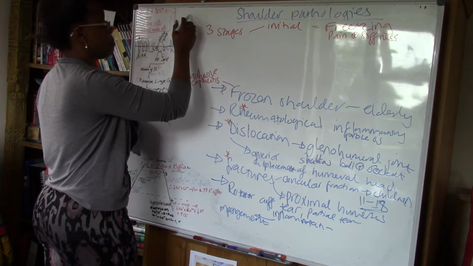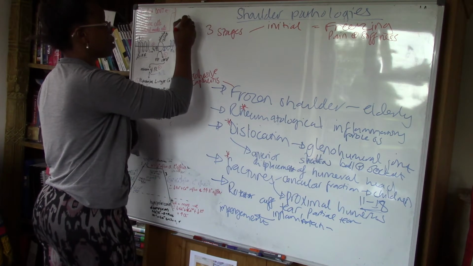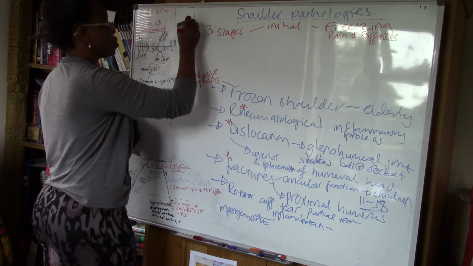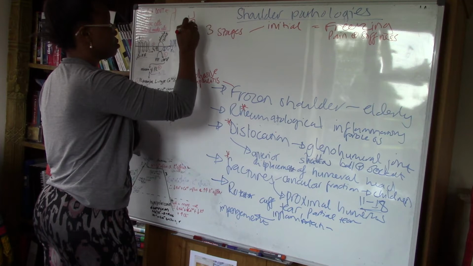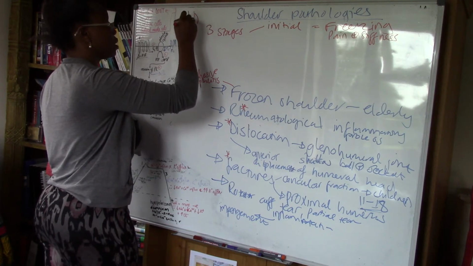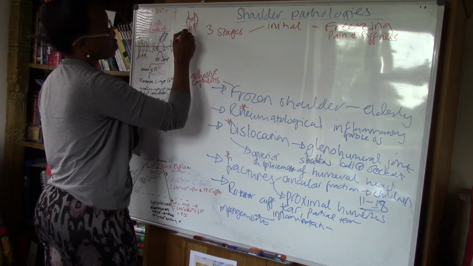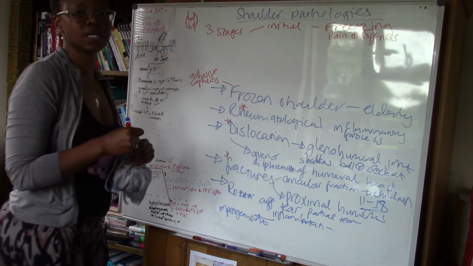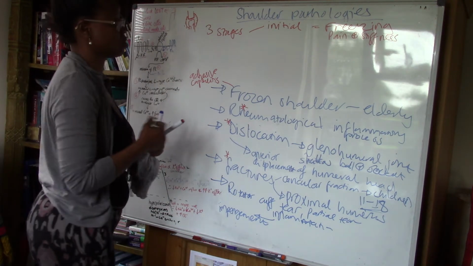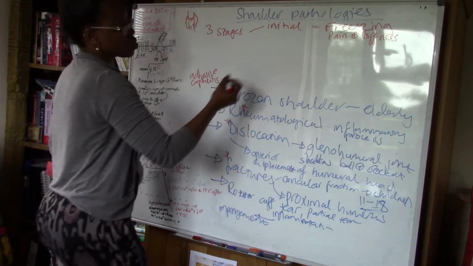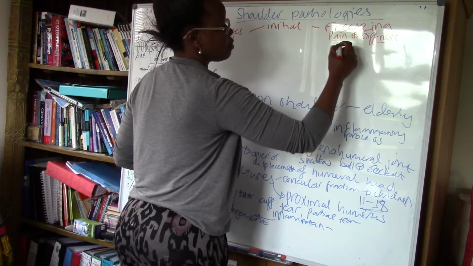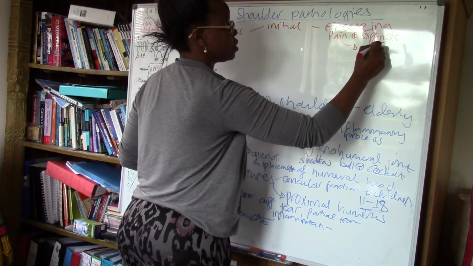And if we can remember, I mentioned that joints have a capsule. And so we're talking about the inflammation in the capsule there, reducing the flexibility of that joint. So we'll have pain and stiffness due to a lot of inflammation.